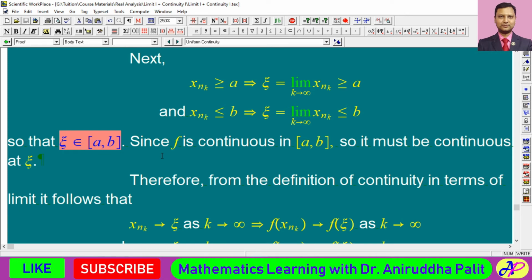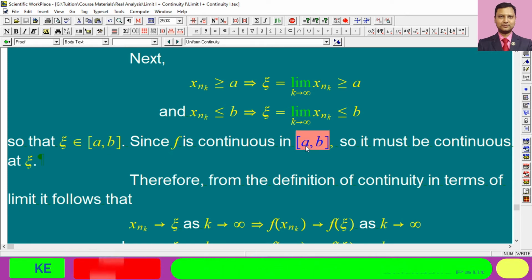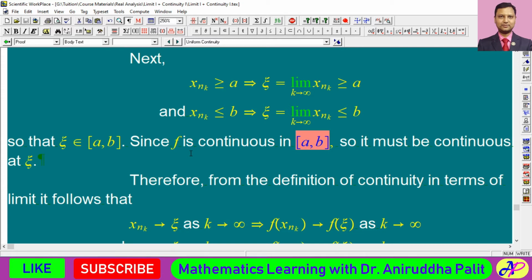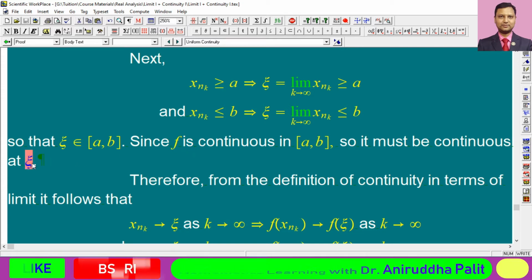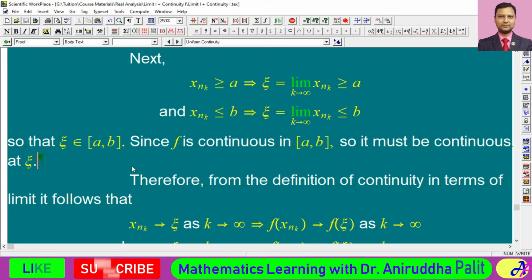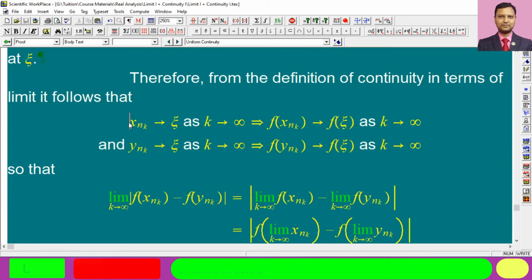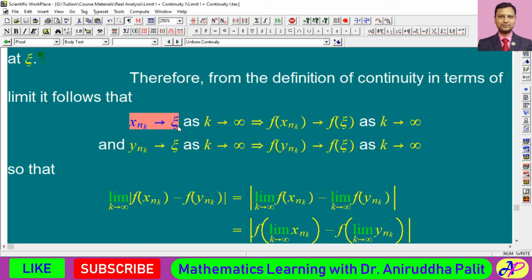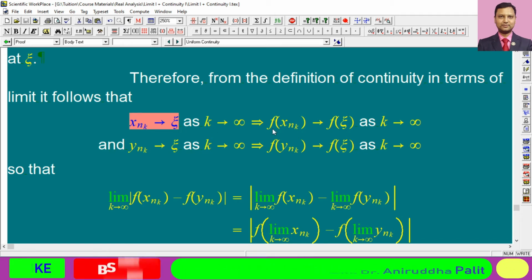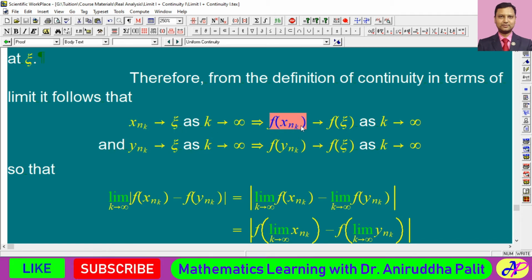Because f is continuous in the interval [a, b], the function should also be continuous at that particular point xi. From the definition of continuity in terms of limit, xnk converges to xi as k tends to infinity, and this implies the corresponding functional values f of xnk must converge to f of xi as k tends to infinity.